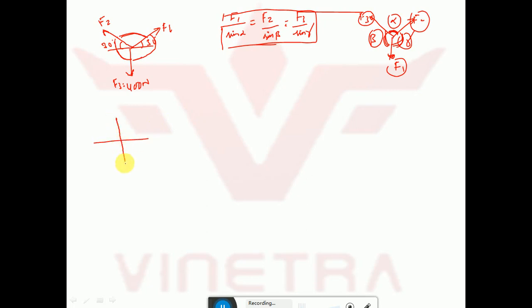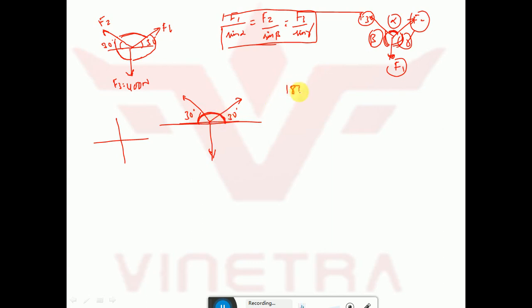So see here, these are the forces F1, F2 and F3. F1 is making an angle of 30 degrees with the horizontal, and F2 is also making an angle of 30 degrees with the horizontal. We know from here to here, the total will become 180 degrees.